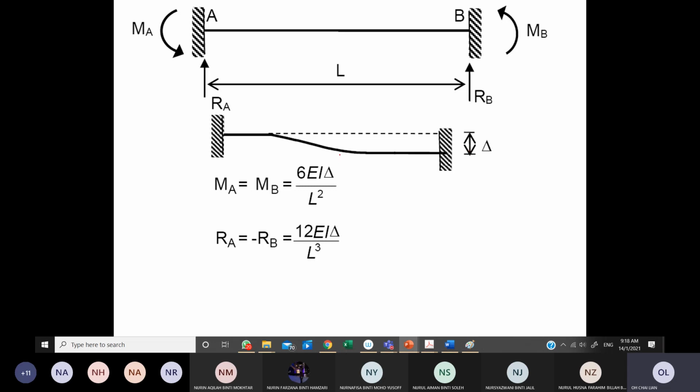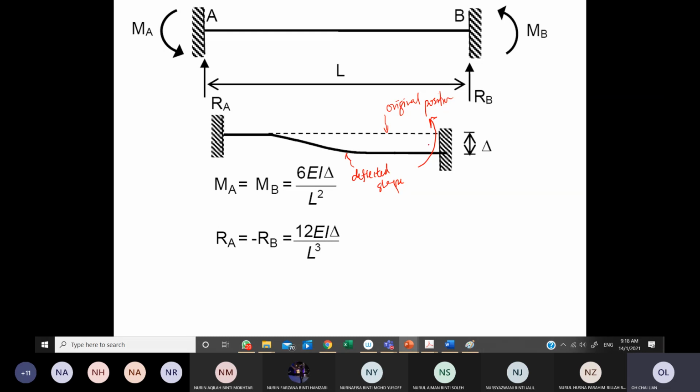position. So this is the deflected shape, and this is the original position. What we are going to do is push it back to the original position. That is why the moments will be in the counterclockwise direction.